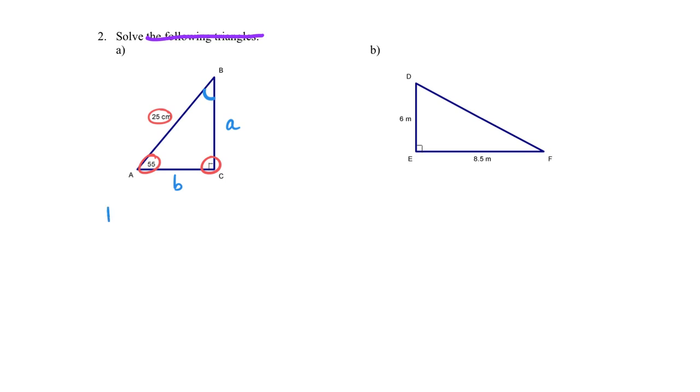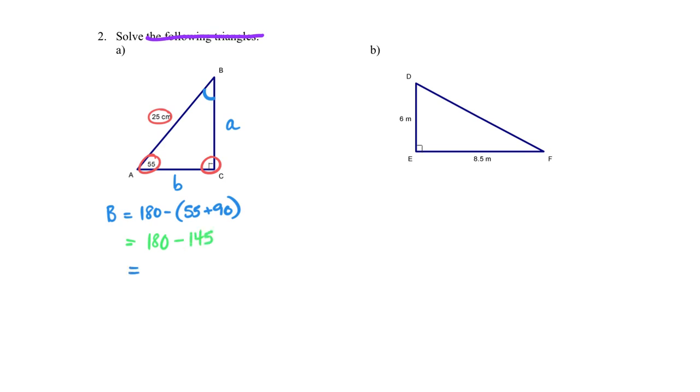For me to find angle B, I know that that is 180 minus the sum of the other two angles. We know that because all three angles have to add up to 180. So to find the one that's missing, take 180 minus the other two.